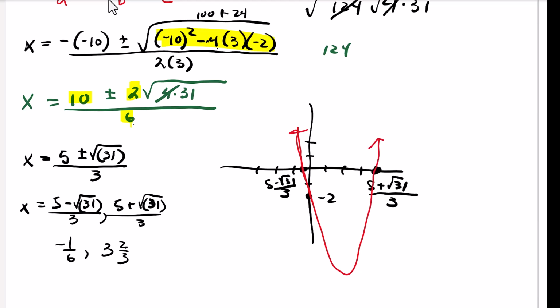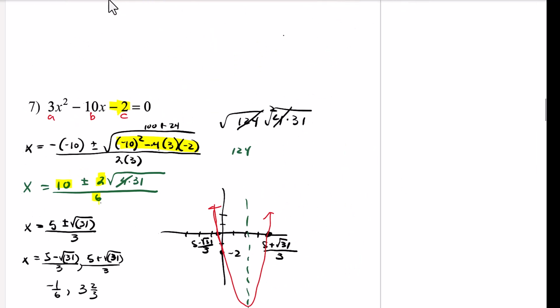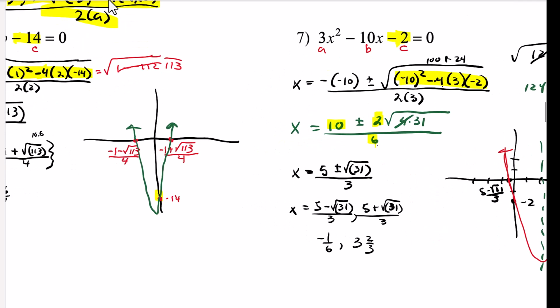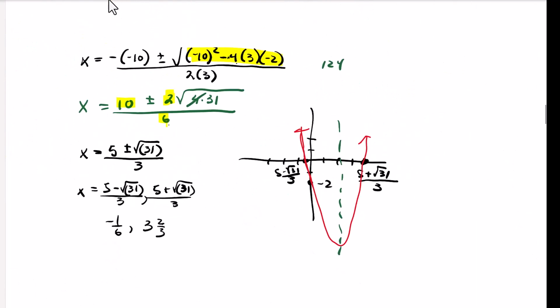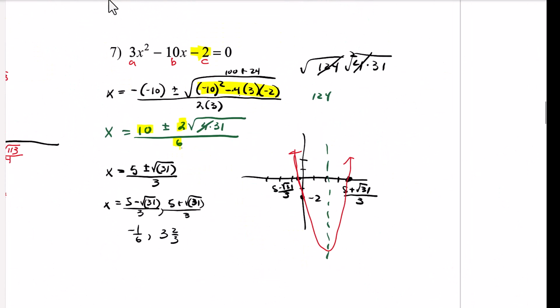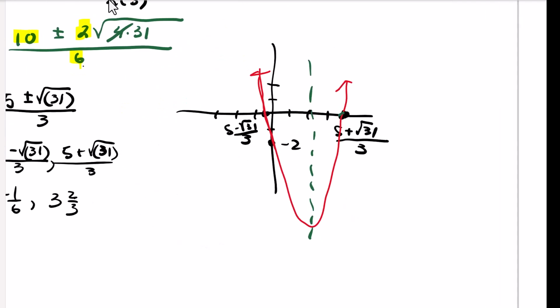And then halfway between those two roots is the axis of symmetry. I think over here I forgot to write it. Remember, where they touch the x-axis, those are the two real roots.